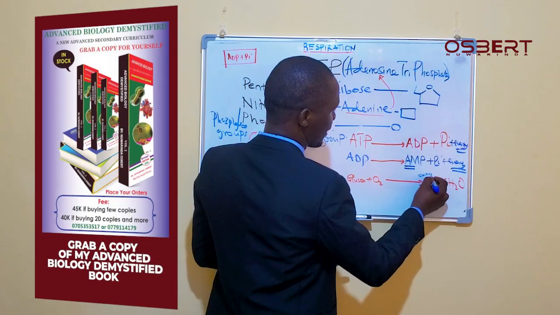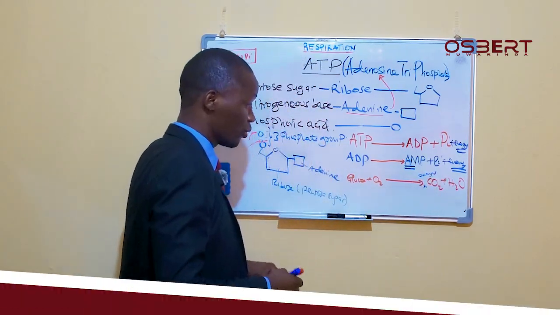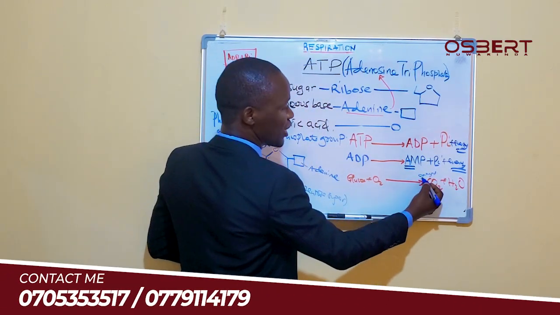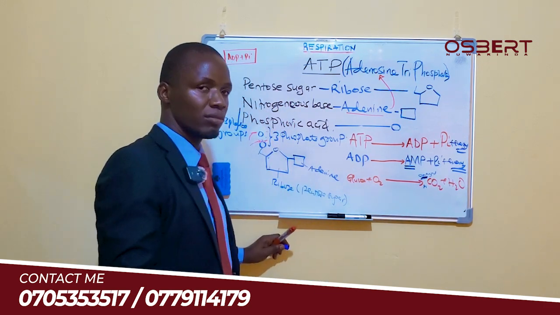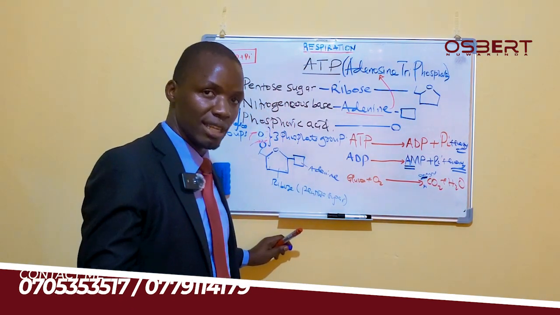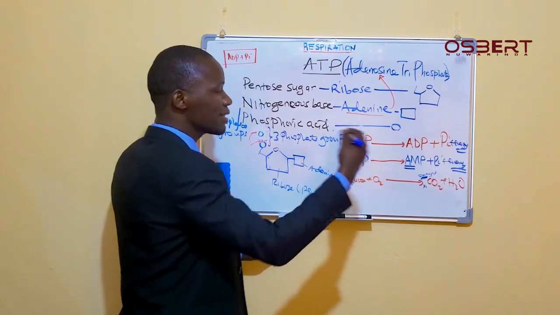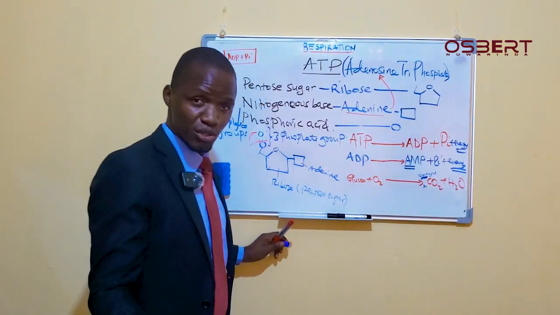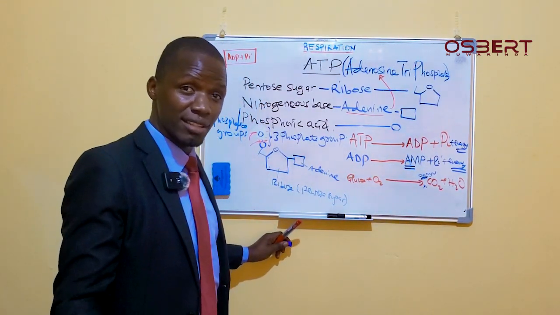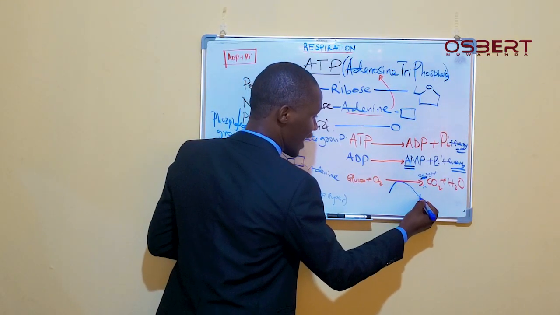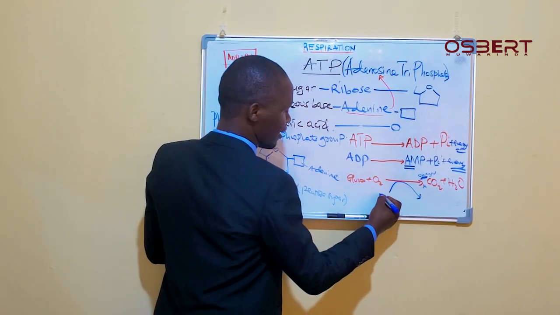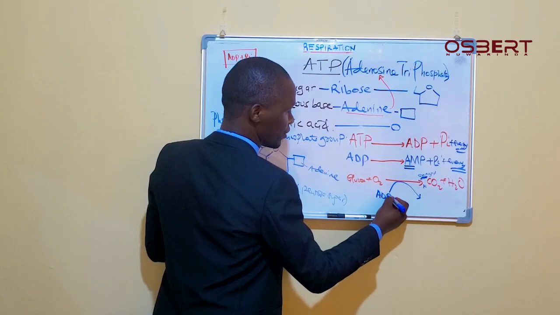But instead, this energy, these kilojoules we produce, some of them are converted into heat, as I already told you. But the biggest percentage of those kilojoules is utilized by ADP.